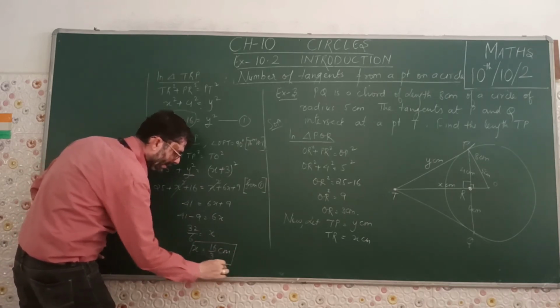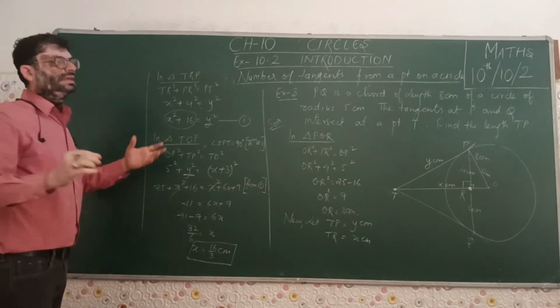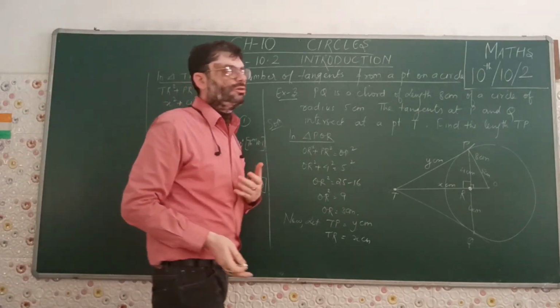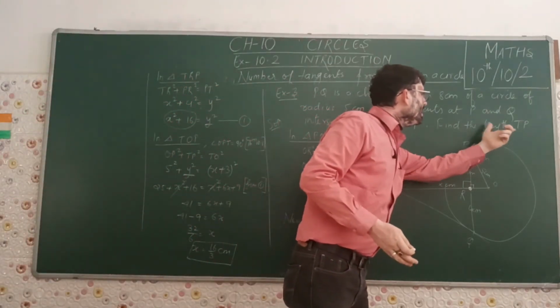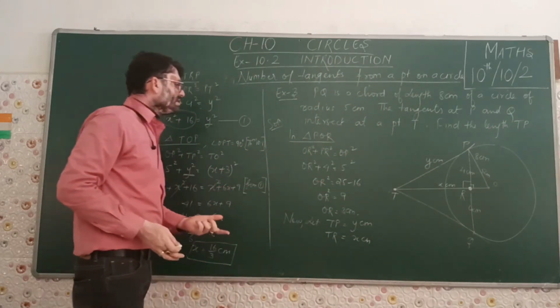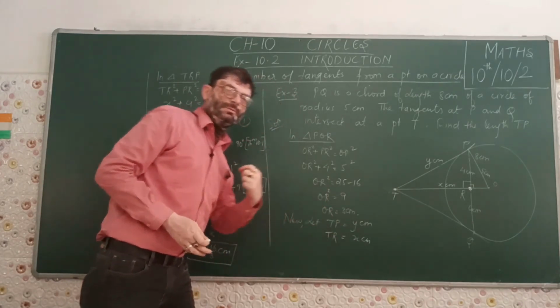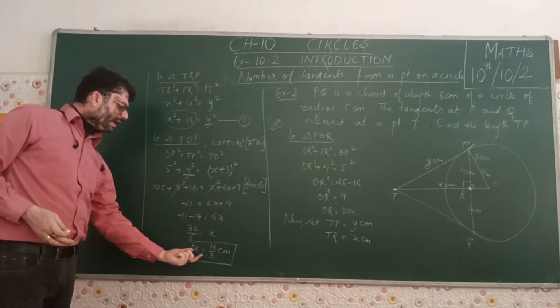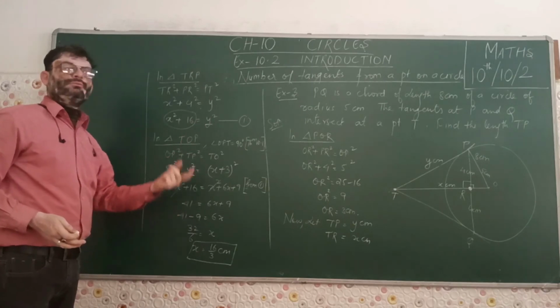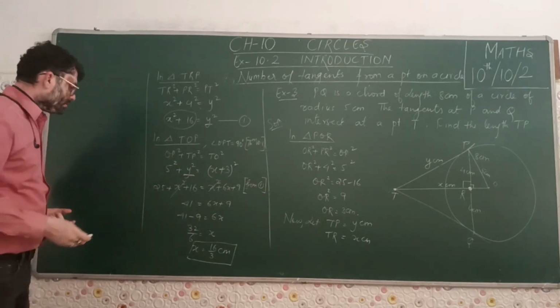We have got the value of x, but we are not interested at all in the value of x. We are interested in the length of TP. That means we are interested in the value of y that we have taken, that is TP is equal to y. So substituting this value of x in equation number 1, we can get the value of y also.